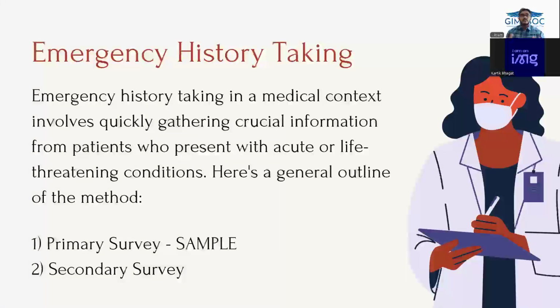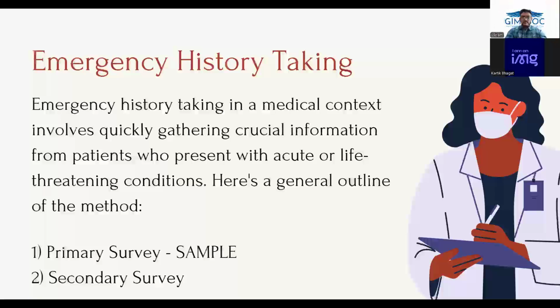So how he told us to do it is, imagine two lines, two directions you can go. On one side, you have something known as the primary survey and the secondary survey. And on the other side, you have your normal history taking, A, B, C, D, E. How you do your normal history, like Karthik explained, depends on the state of the patient. You could get a trauma patient, an RTA, a car accident patient, or a patient coming with acute pancreatitis, with extreme pain.